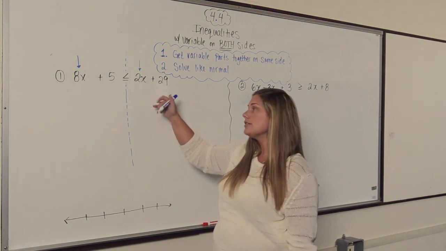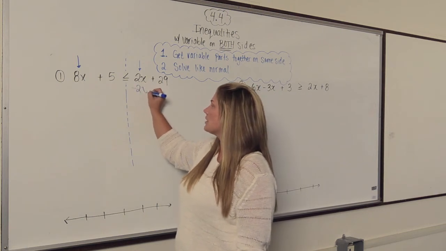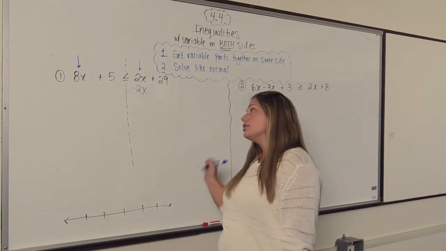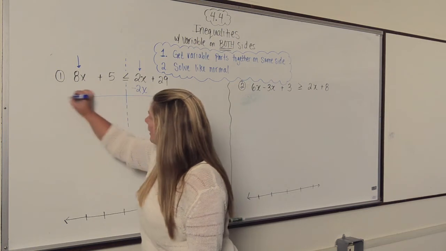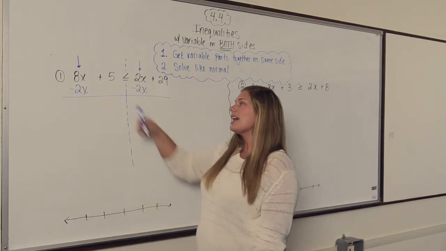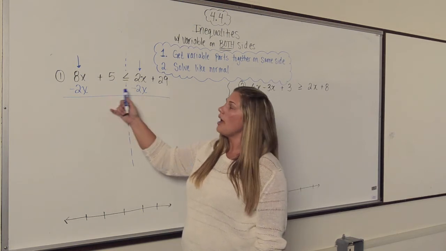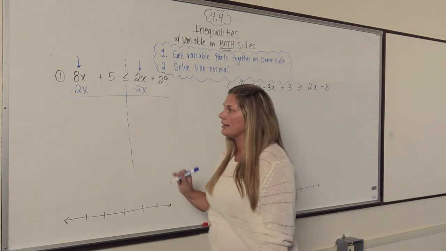If I have a positive 2x, to cancel it out completely, I have to subtract 2x. But if I do that on the right side, draw a line straight across, I have to do the same thing on the left side. Now remember that 2x can't combine with the 5, so I'm not going to put it under the 5, I'm going to put it under the 8x.